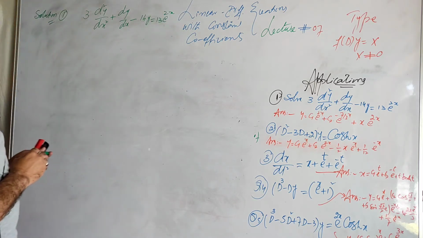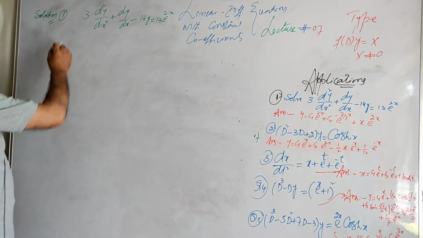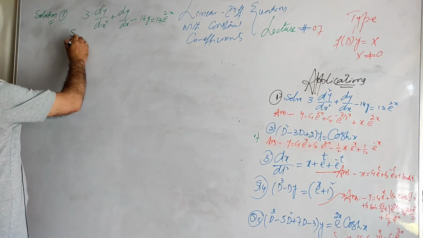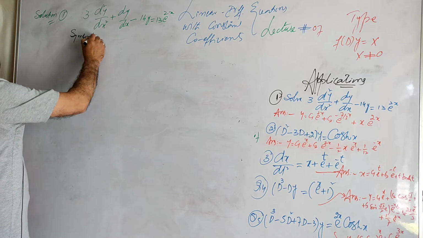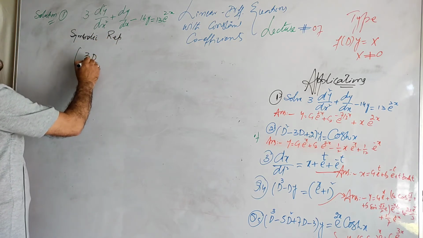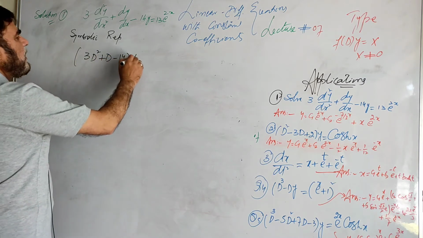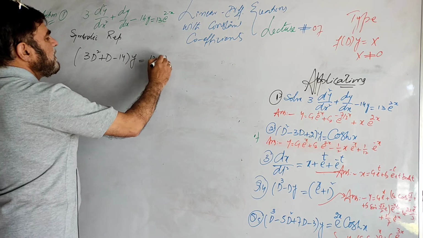This is our problem. First of all, we write its symbolic representation. The symbolic representation is 3 d square plus d minus 14 y is equal to 13 e raised power 2x.